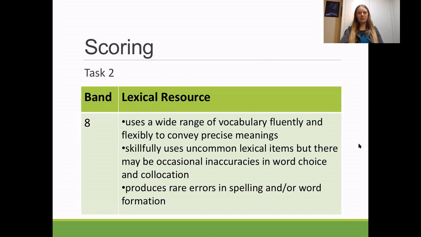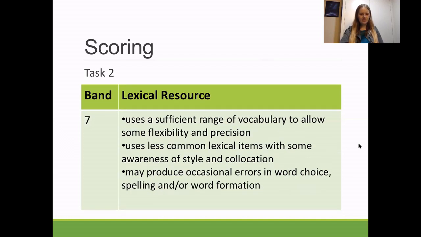So here you might be trying to use new words that are not so common, but there are a few mistakes that show that you don't have a perfect understanding of how to use those words or phrases. And then produces rare errors in spelling and or word formation. So you don't have very many mistakes, but they can exist. At the level 8, there can be some errors that exist.